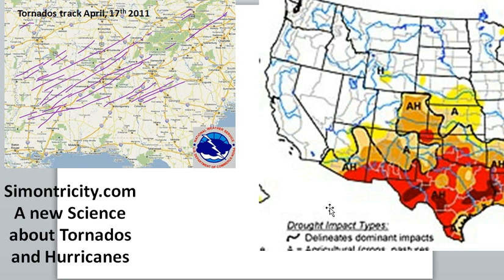This was April 19th for the drought map, and this is April 17th, both in the same year. Now I'm going to lay this map on top of the other one again. I'm using PowerPoint here, so I can't show you, but the point I'm trying to make is see where they start right here and right here.